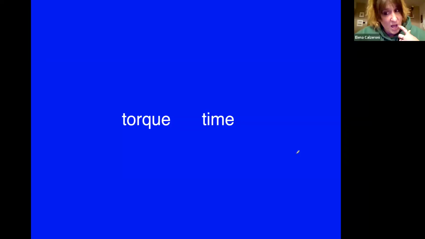Okay, so the torque you make on this object does not completely determine the rotation. It's necessary to make that torque for a certain amount of time. And we're going to see this in this video. I'm going to show you two videos.